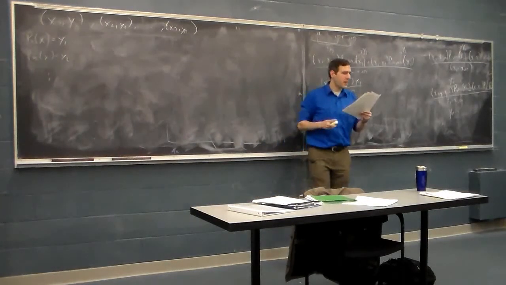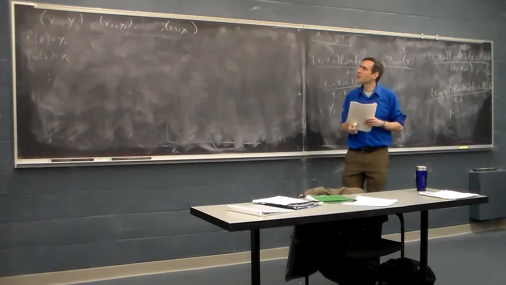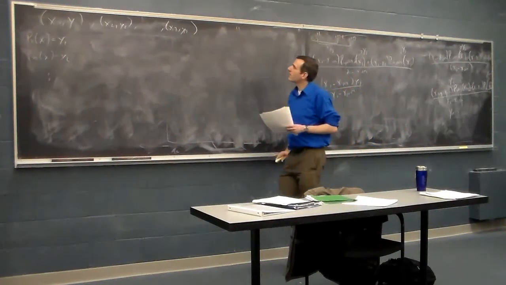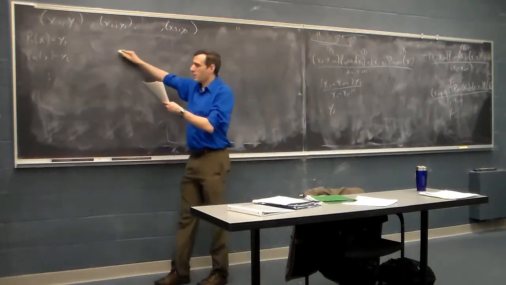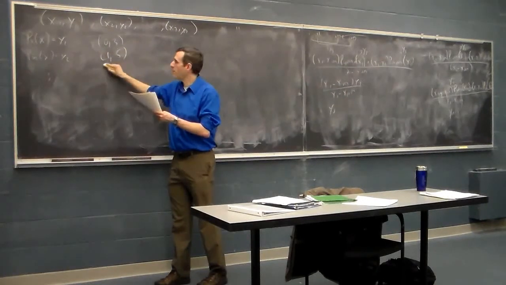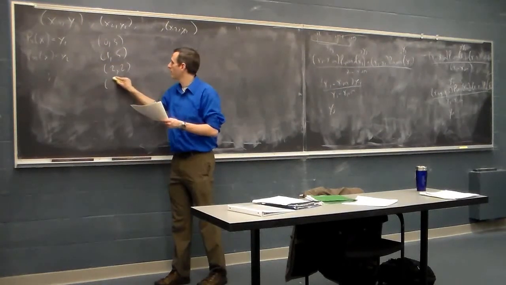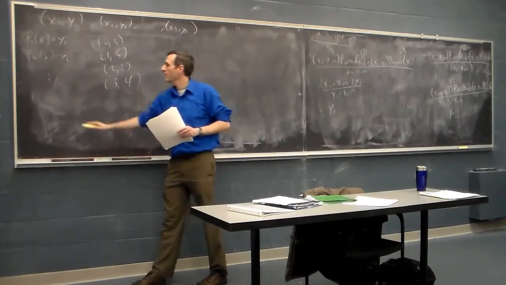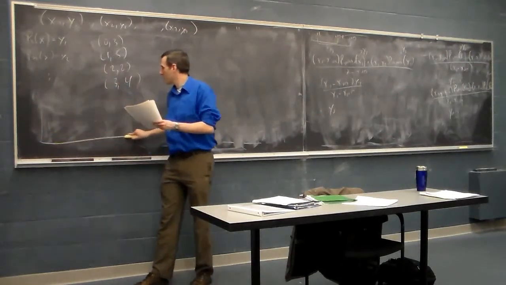Okay, well, let's then look at an example to see how this would actually work in practice. Suppose we take the following set of points. So let's say (0, 3), (1, 5), (2, 2), and (3, 4). I'll just try plotting what these would look like.